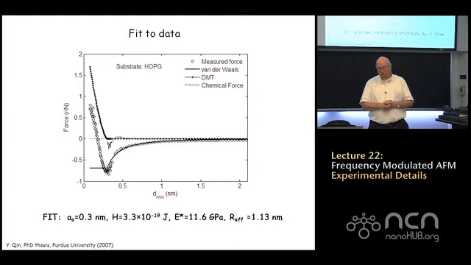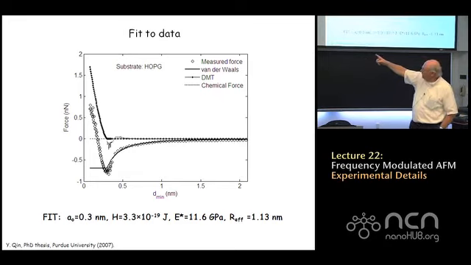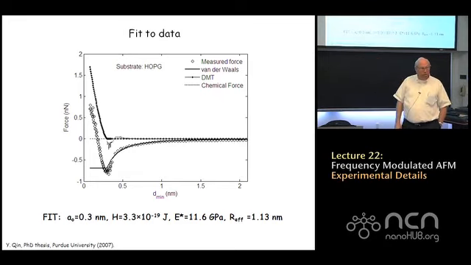So what you basically are doing is you want to make the tip amplitude oscillate in this very nonlinear tip sample interaction force. And that tip sample interaction force is essentially 5 or 6 angstroms in extent.